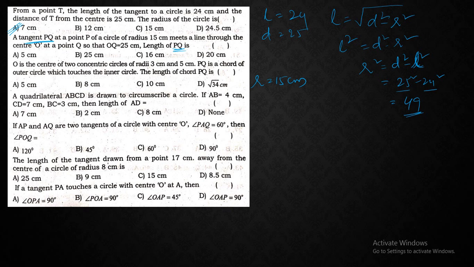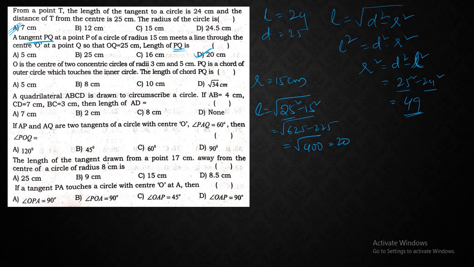So he is asking you to find the tangent. How to find the length of the tangent? L is equal to root over d square minus r square. So this is 25 square minus 15 square. 25 square is 625, minus 225, which is 400, which is nothing but 20. So the answer is 20 centimeters.